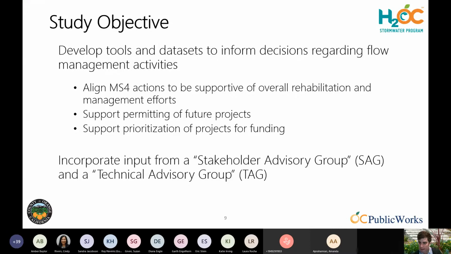So with that, these data sets can also support permitting of future projects, understand how any flow modifications associated with those projects would support the watershed rehabilitation efforts, and through these tools also identify those projects that have the greatest bang for their buck effectively and can help prioritize funding for those types of projects. So those are the primary overall study objectives.